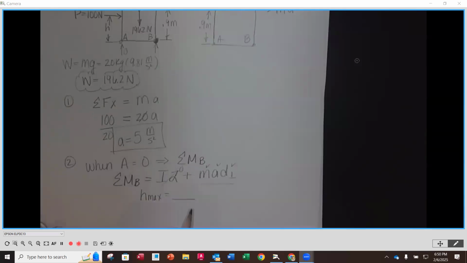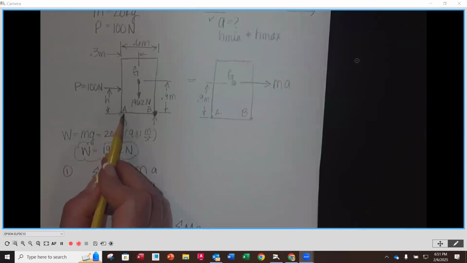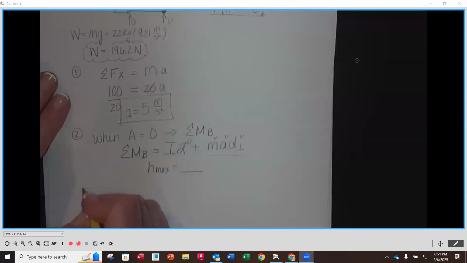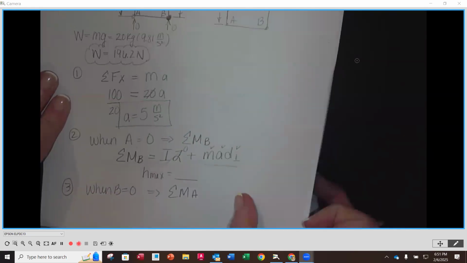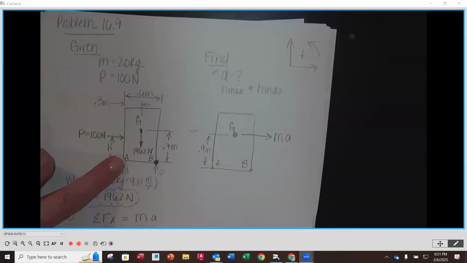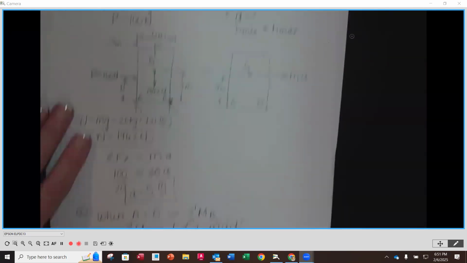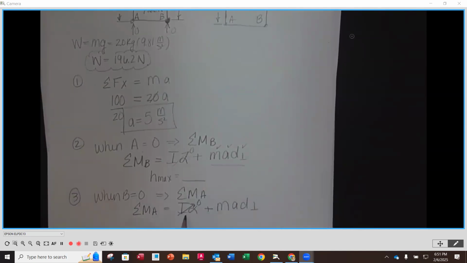Then you're going to do it again. This time the other condition is when we push on this, where all of the weight is at A and B is going to be 0. So the third way is when B is equal to 0, you sum your moments around A. Still, we're not rotating, so that's going to go to 0.